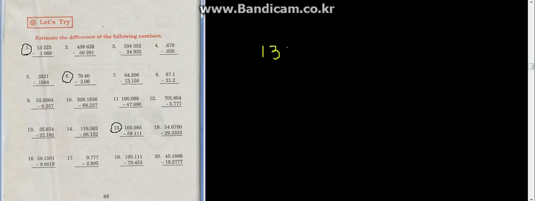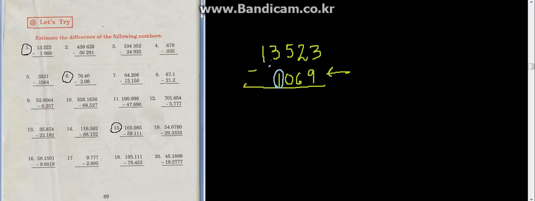Okay, so first for number 1, we have 13,523, and we are subtracting 1,069 from this number. We want to estimate the difference. So we look at the minuend, and the biggest place value for the minuend is the thousands place.